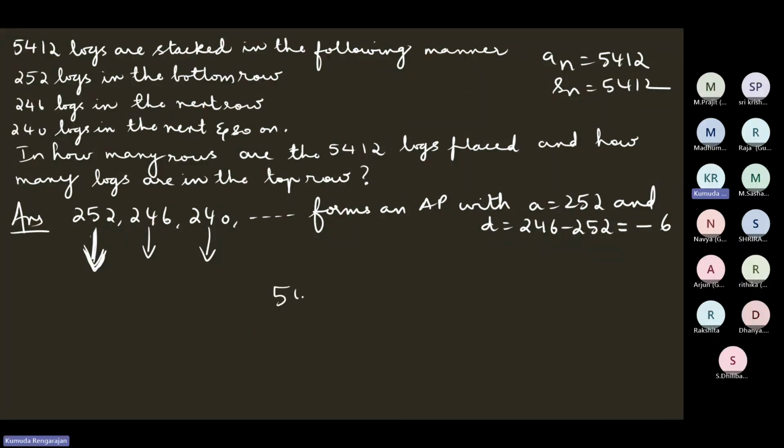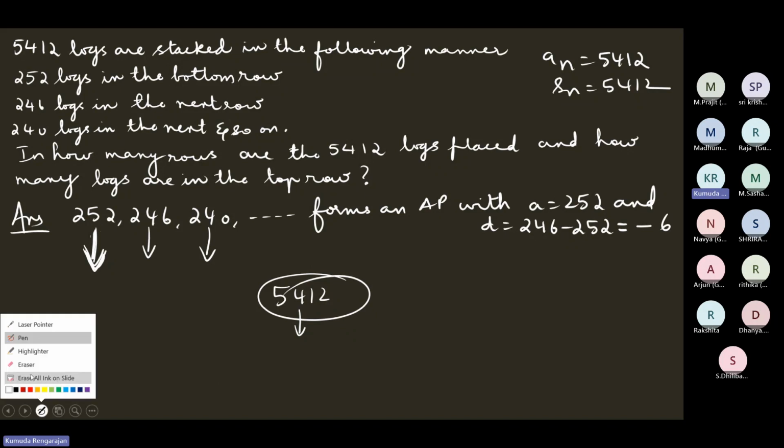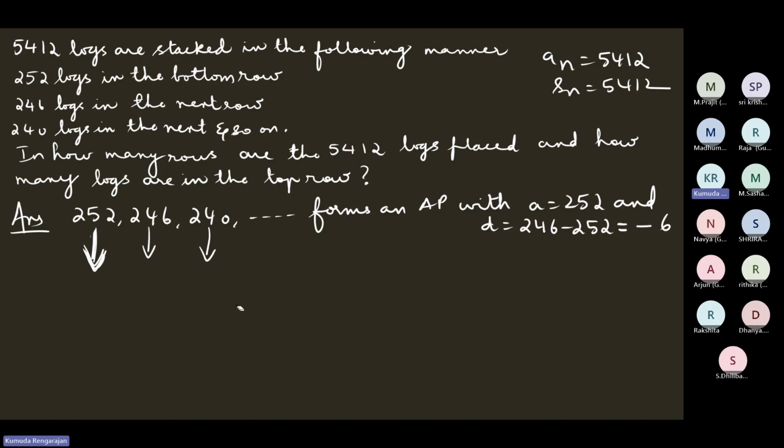So 5412 is not the number of logs in a particular row. That is the total number of logs. That is, it is 252 plus 246 plus 240 plus something plus something plus something. The total is 5412. What do the terms of the AP represent?